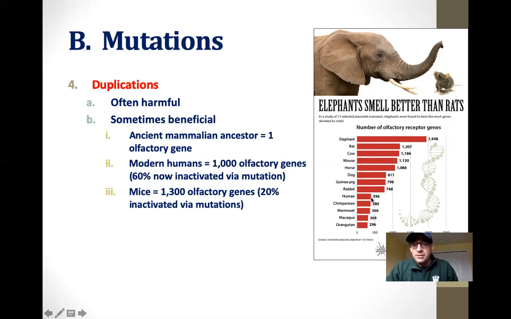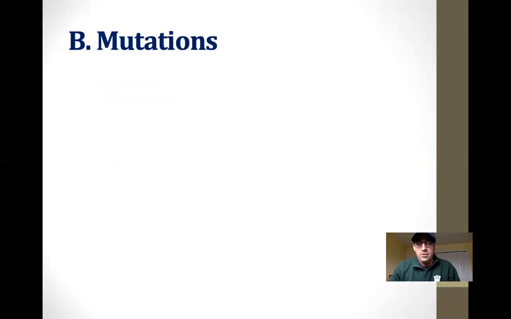We're inactivated, leaving around 400 being active in humans. So this should tell you, of course, who is smell more important for, humans or mice? Obviously mice. And it's believed that these duplications were actually advantageous because the more olfactory receptors you have, the more you are able to pick up faint odors, which of course would be an advantage a long time ago.